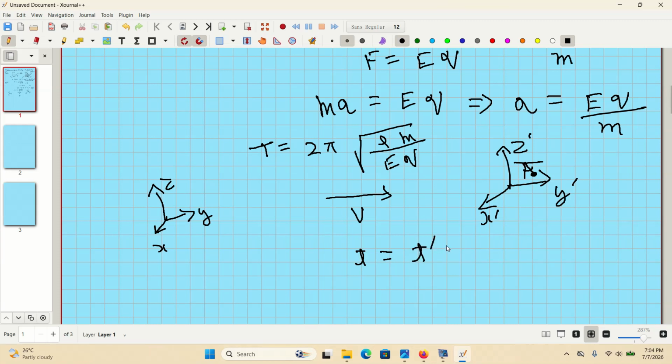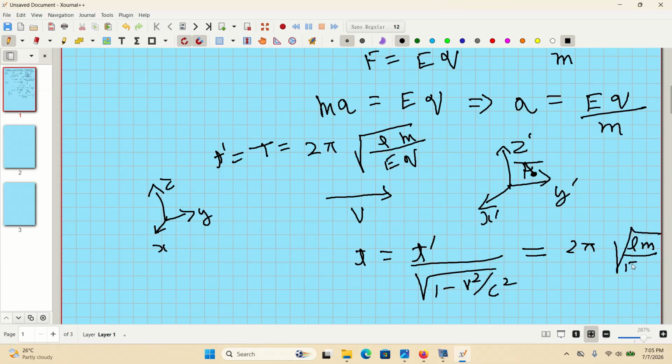Because we already know the formula for time dilation, which is given by t equal to t prime divided by root of 1 minus v square by c square, we simply need to plug this in and write 2 pi root Lm by EQ, divided by root of 1 minus v square by c square.